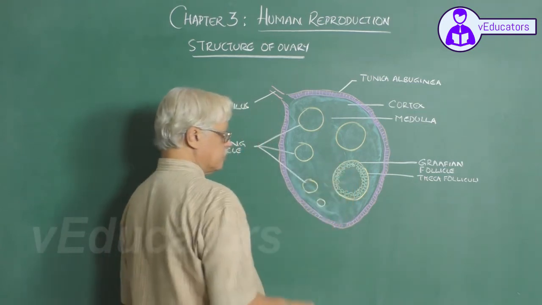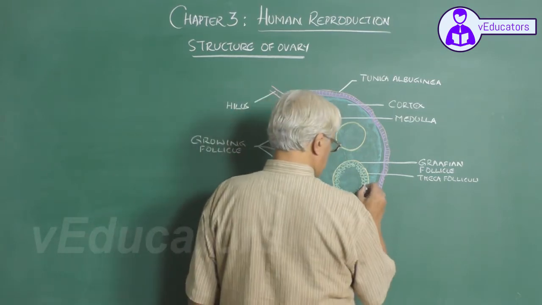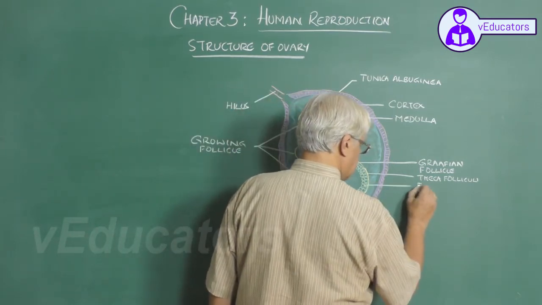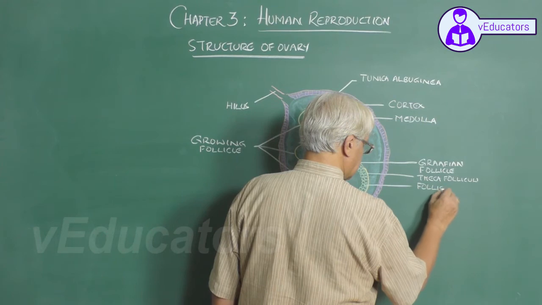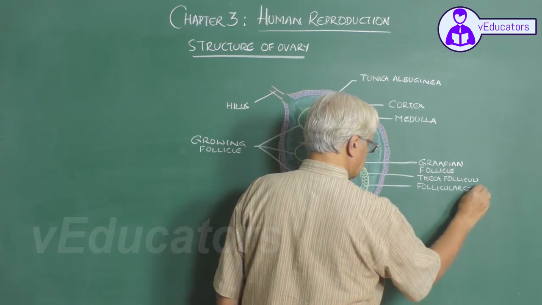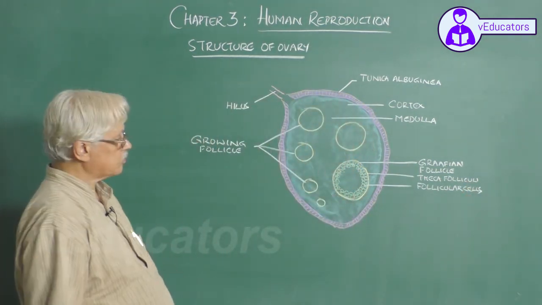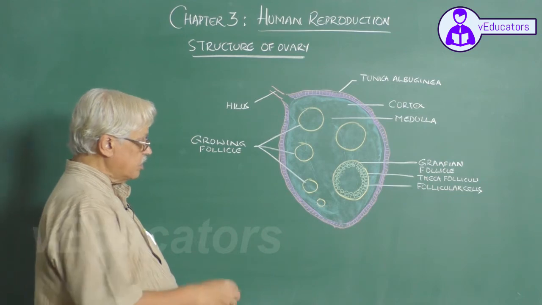Granular cells. These granular cells are called follicular cells.